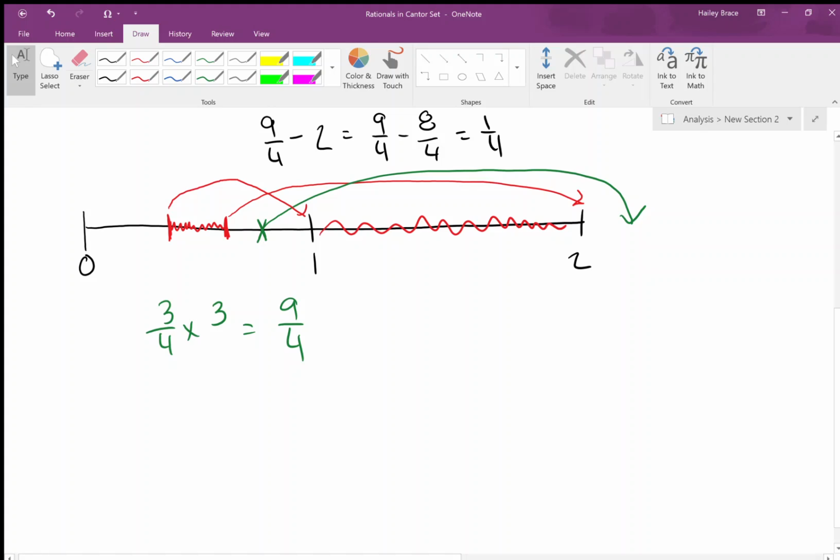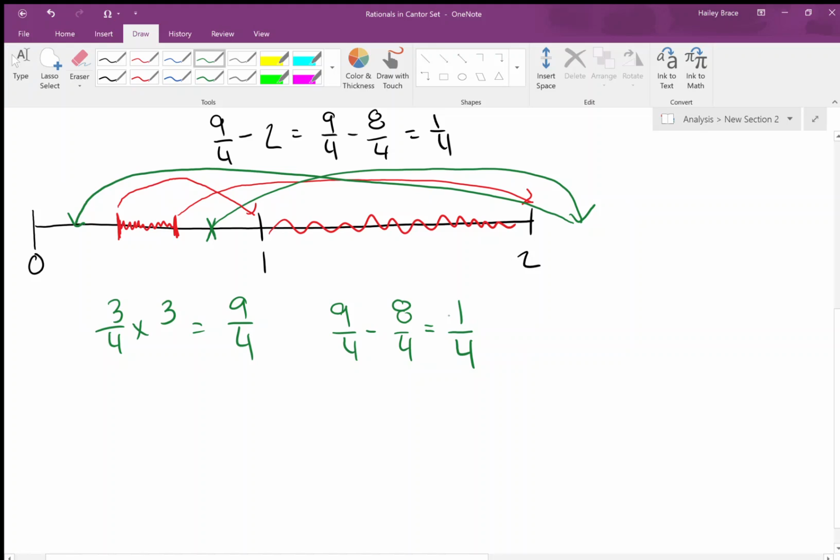And then if we do 9/4 minus 8/4, or 9/4 minus 2, it's going to take us back to 1/4, back here. And then finally we're below that 1 range again, so we're going to multiply by 3 again. So we have 1/4 times 3 is 3/4, and we're going to end up back where we were.